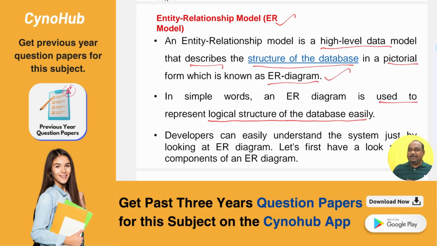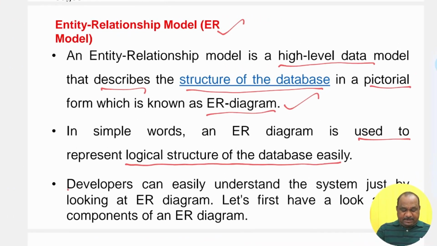Developers can easily understand the system just by looking at ER diagrams. Under an ER diagram you can easily represent the table names, attributes, and relationships. That's why developers can easily understand the complete data structure of the DBMS.